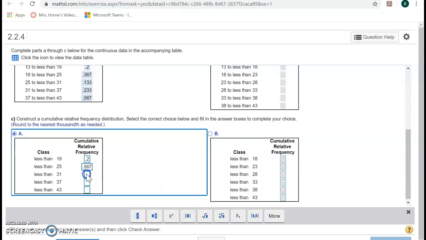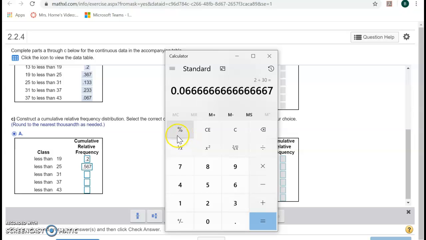And then the next class is going to be 0.2 plus 0.367 plus 0.133. Well, I already know that 0.2 plus 0.367 is 0.567, so I just need to add the 0.133 to that, and I get 0.7.